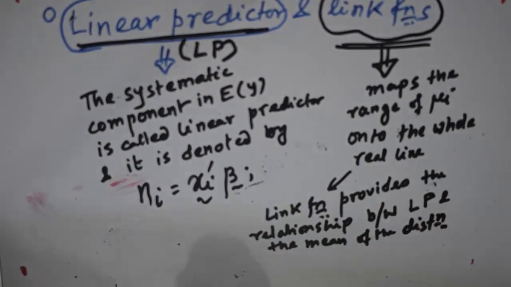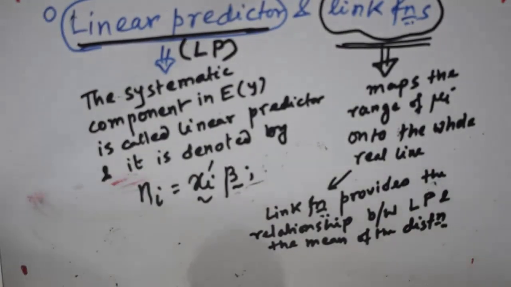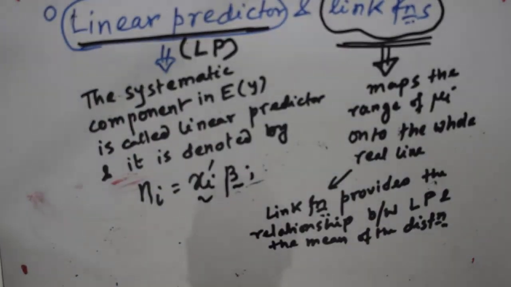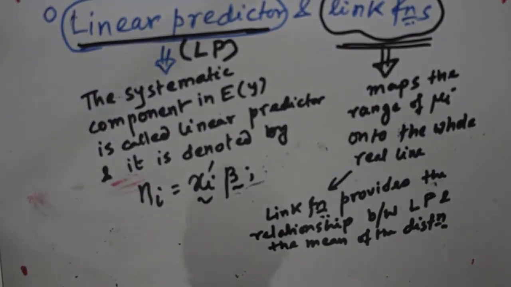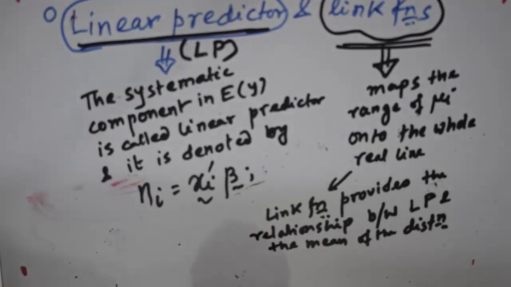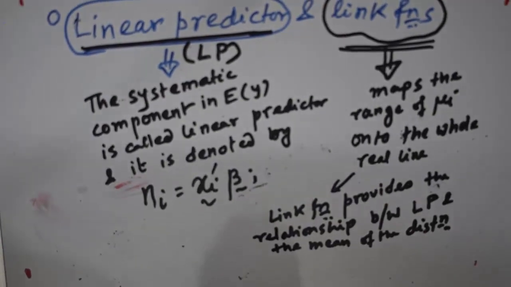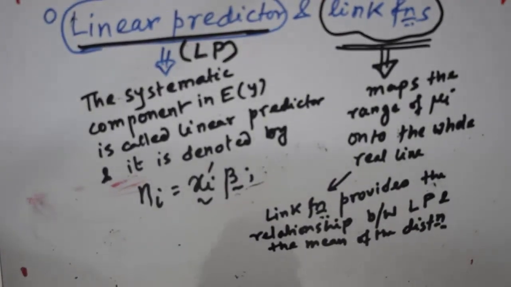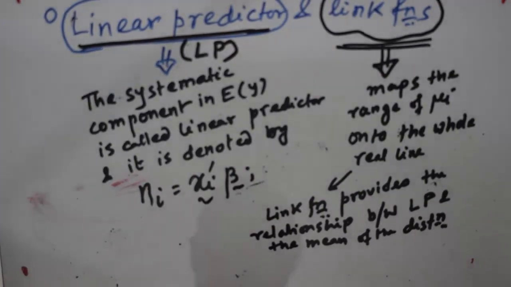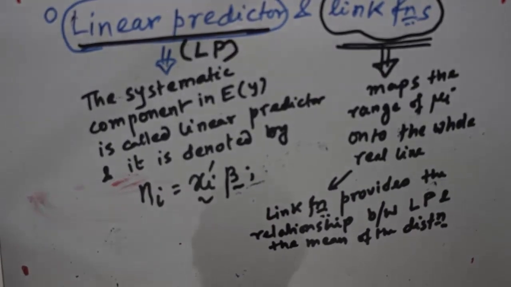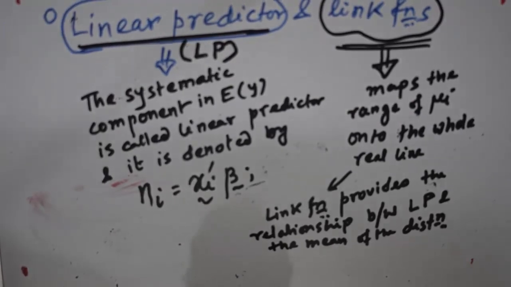So, linear predictor is a systematic component in expectation of y, and it is denoted by eta i, that is equal to xi curl prime beta curl, and link function maps the range of mu i onto the whole real line.